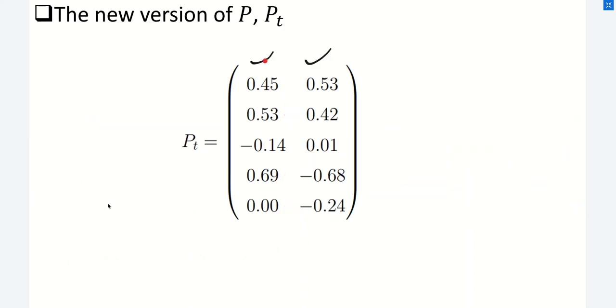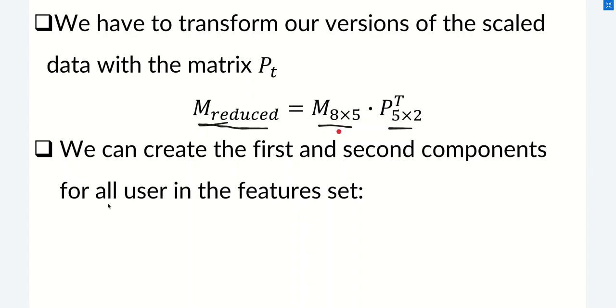Here, if you look at the dimension 1, 2, 3, 4, 5, which is 5 by 2, these are our principal components. So we are transforming it. We transform our given matrix towards a new space now.